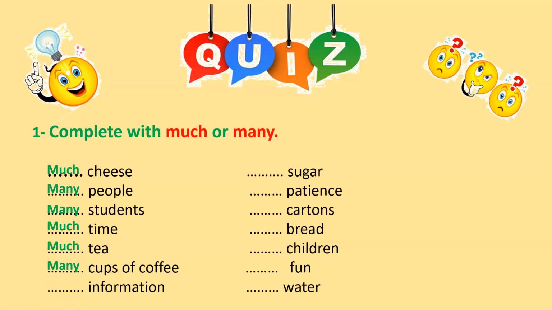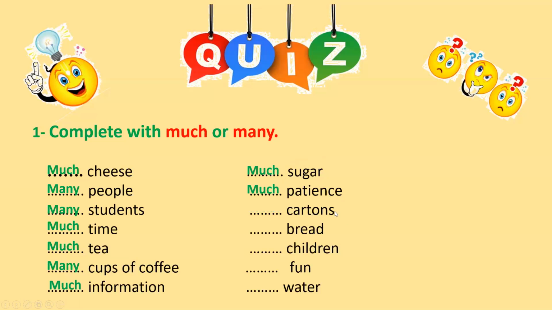Information is an uncountable noun. So we put much information. Sugar is an uncountable noun. We put much sugar. Patience is an abstract noun. So we put much patience.